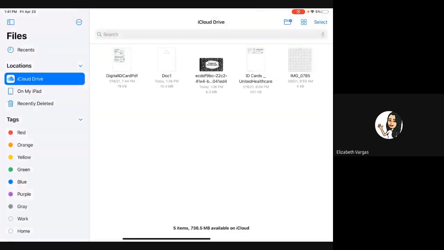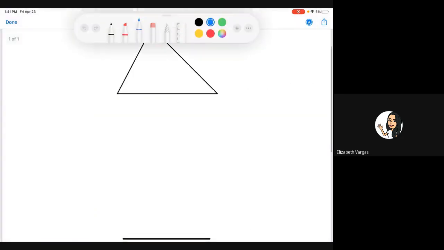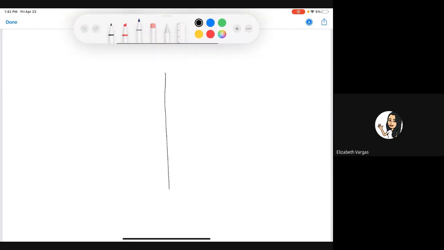Okay, let us remember that we can name triangles based on their side lengths and their angle measures. So, angles, sides.